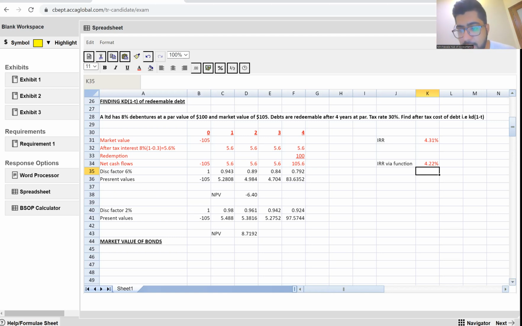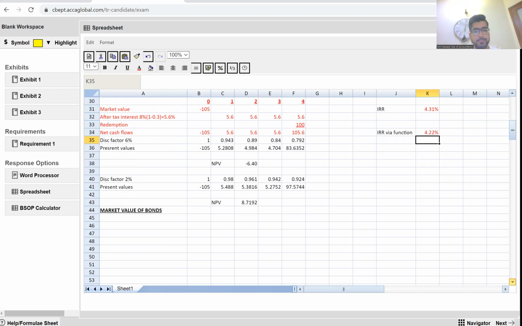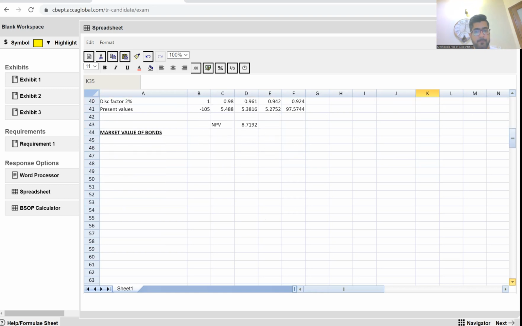Okay, now one last thing: these functions are also going to help you in the topic of market value of bonds. As you have studied, the market value of bonds is the present value of all future outflows of a bond. So what are the outflows of a bond?